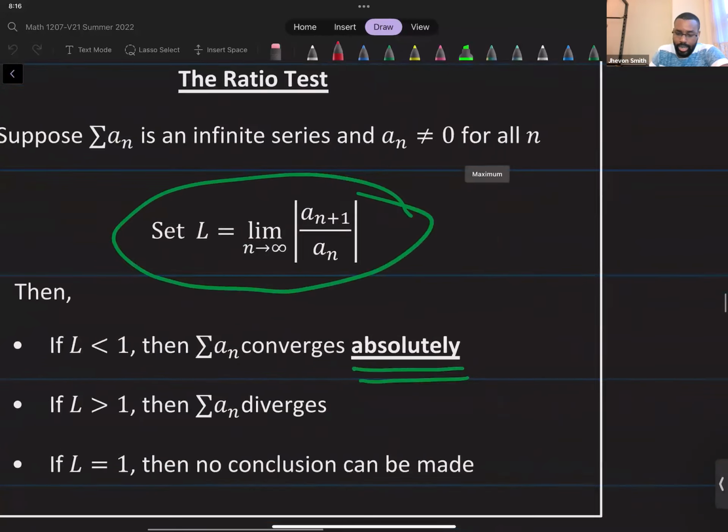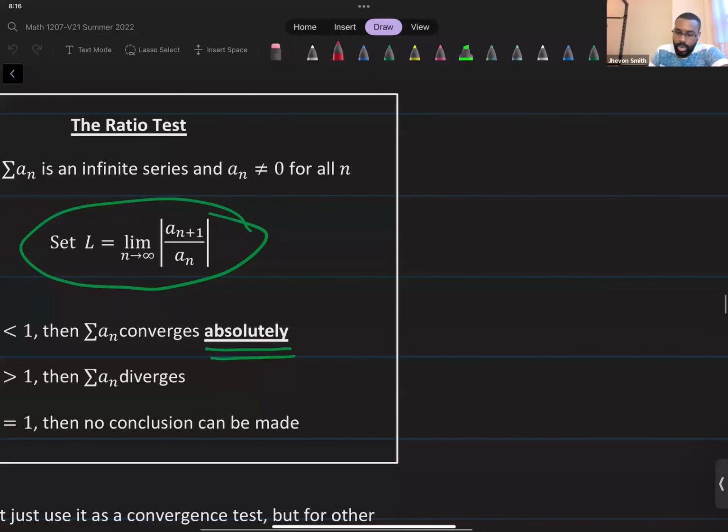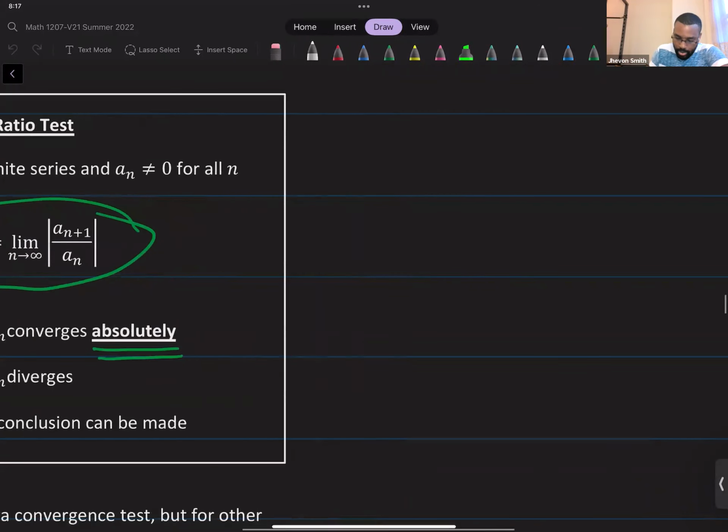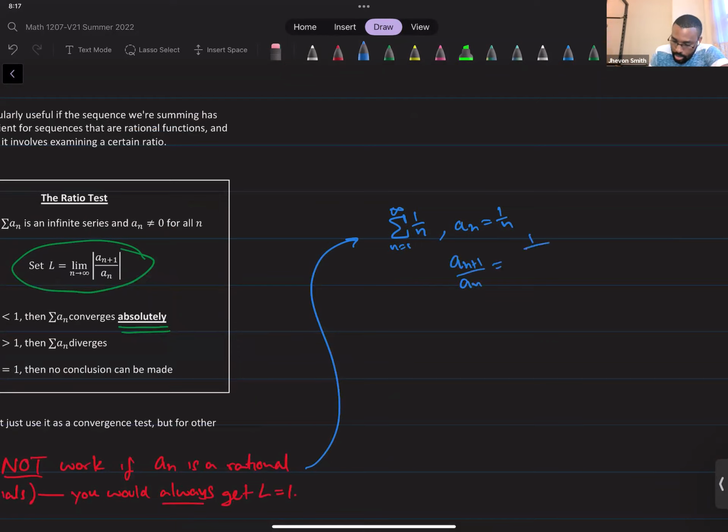So if you throw the harmonic series into this, maybe I'll do an example. If my series is the sum of 1 over n, where my a_n is 1 over n, n going from 1 to infinity, then a_(n+1) divided by a_n is 1 over (n plus 1) divided by 1 over n.